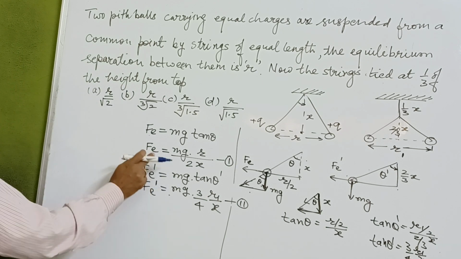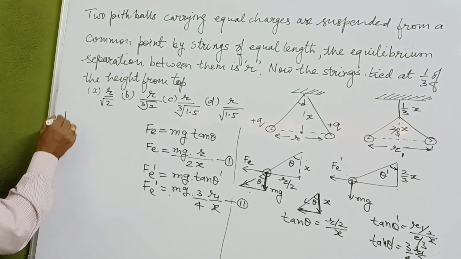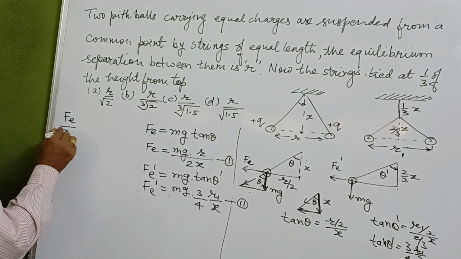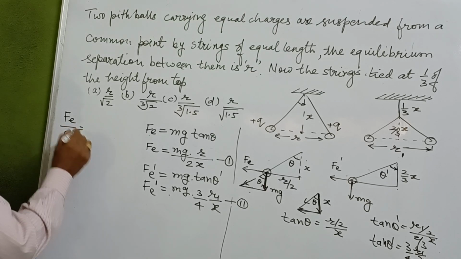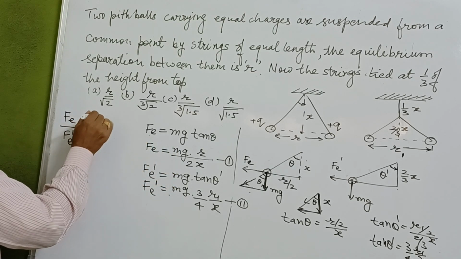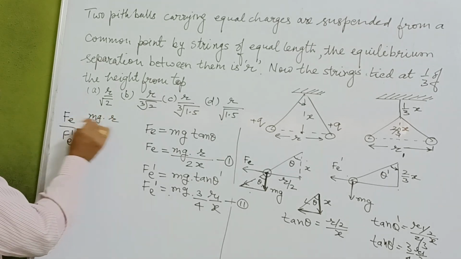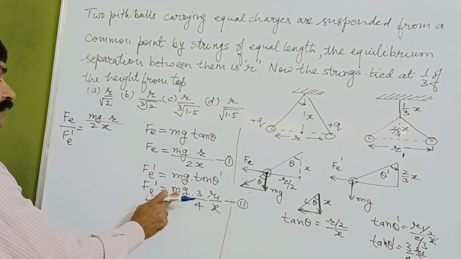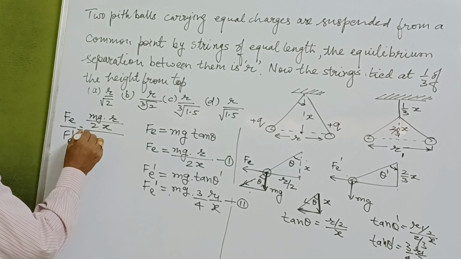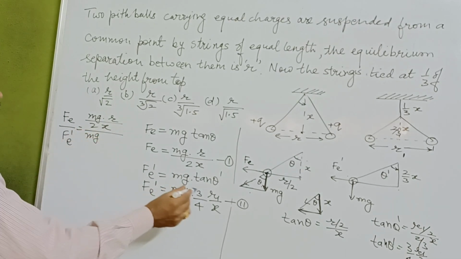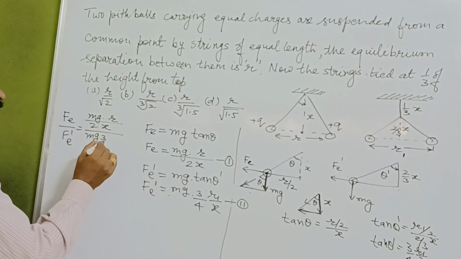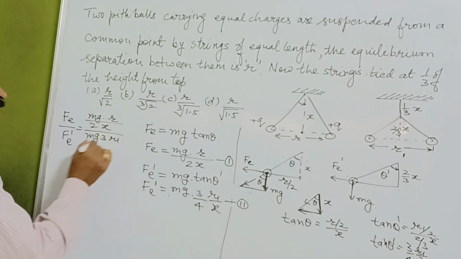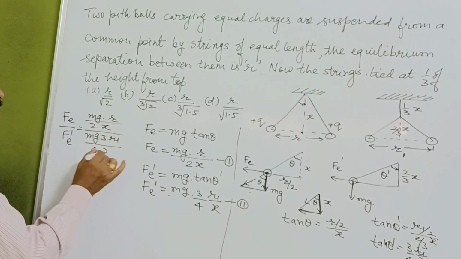Now if we take the ratio of these two, Fe upon Fe dash will be given by mg into r upon 2x, and this is again mg times 3 r1 upon 4x.